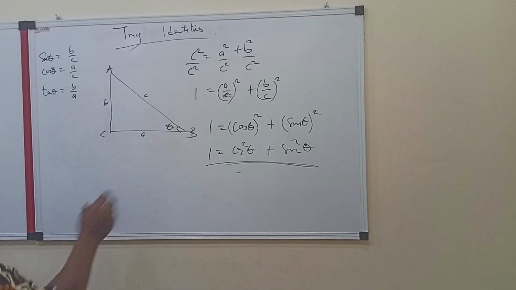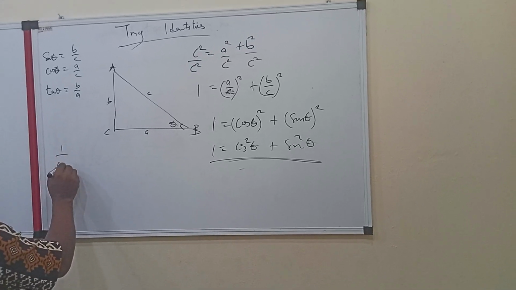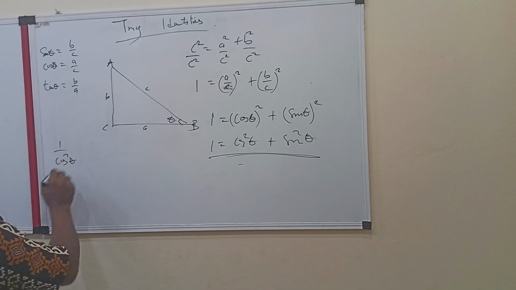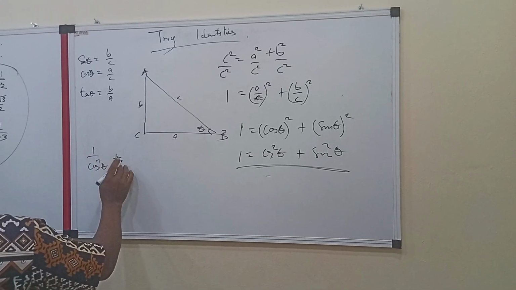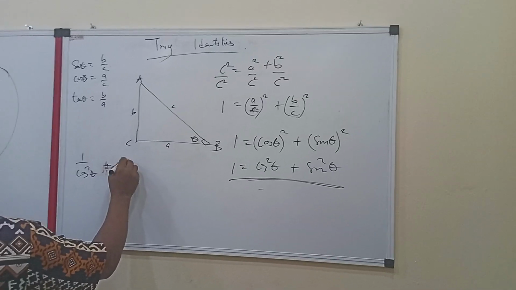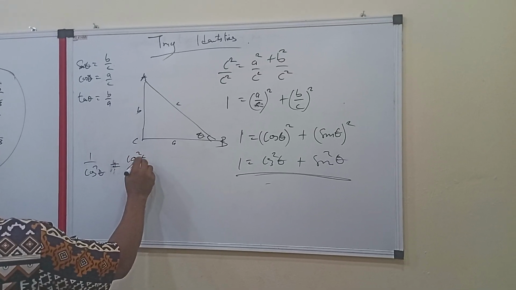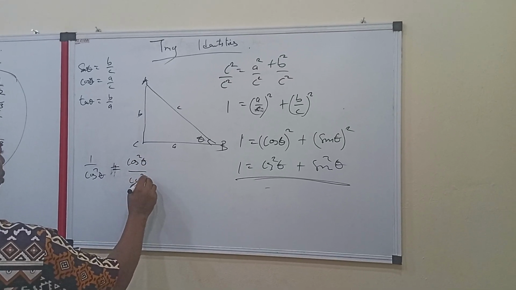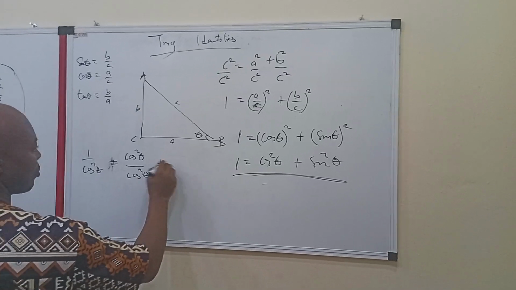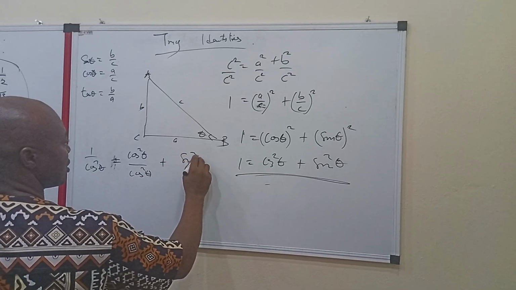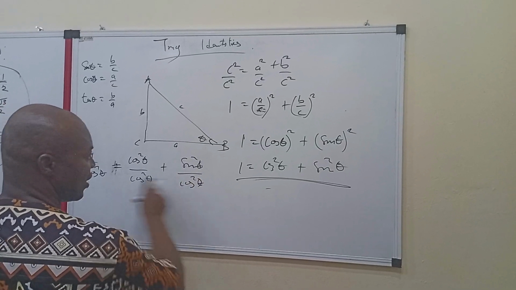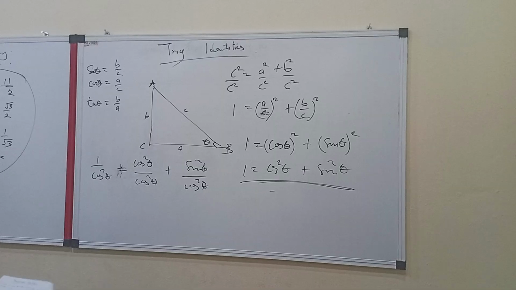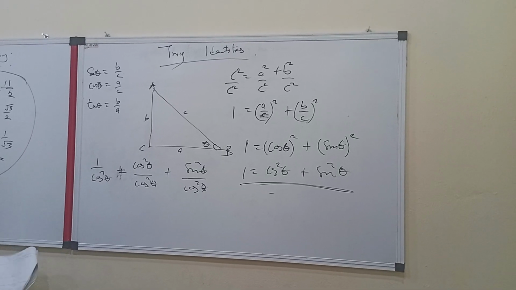If we divide it by cos, that is 1 all over cos squared theta is equal to cos squared theta all over cos squared theta plus sine squared theta all over cos squared theta.